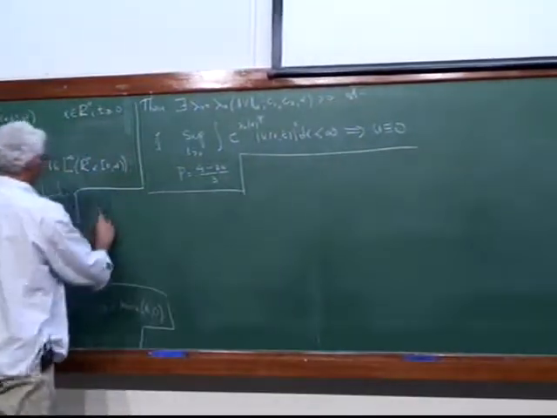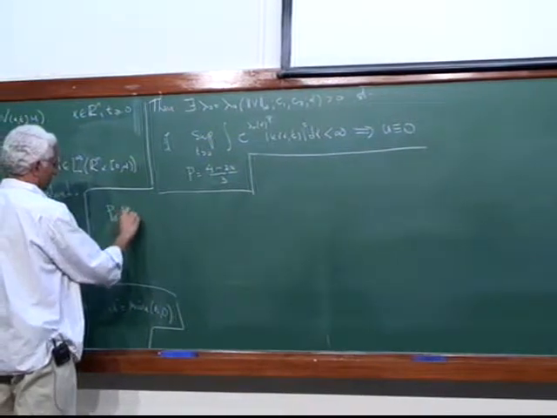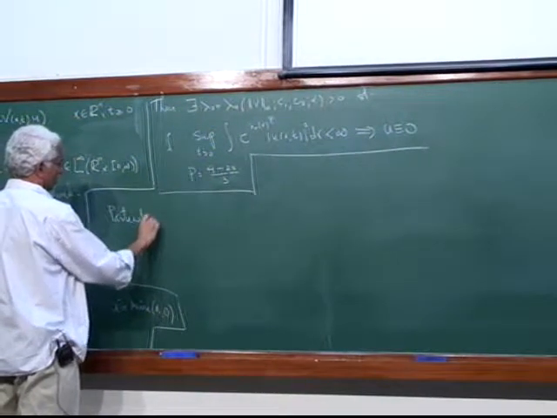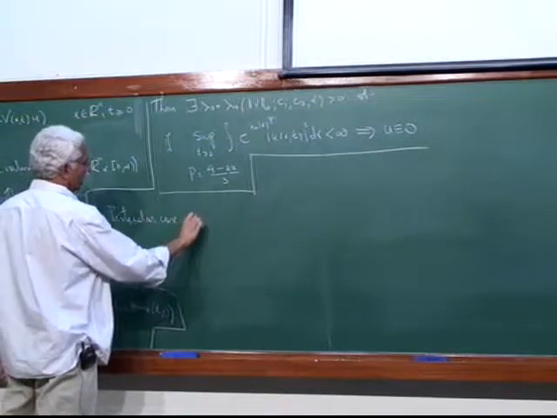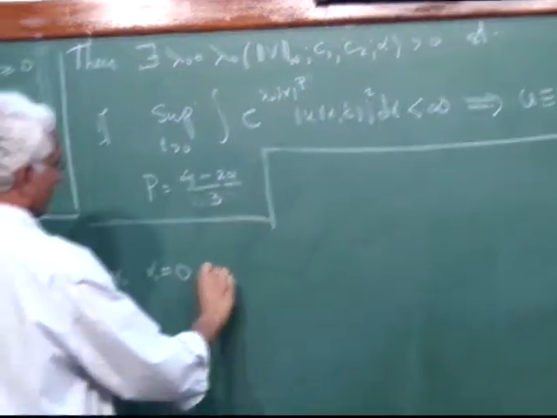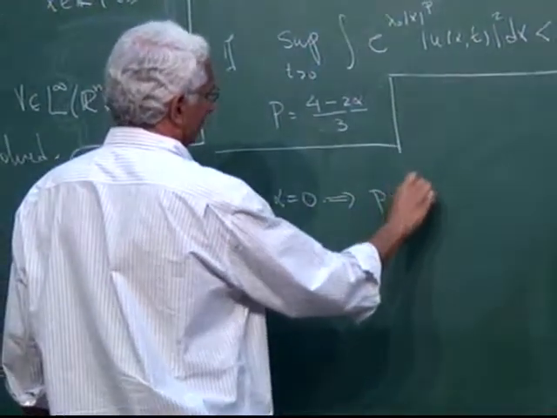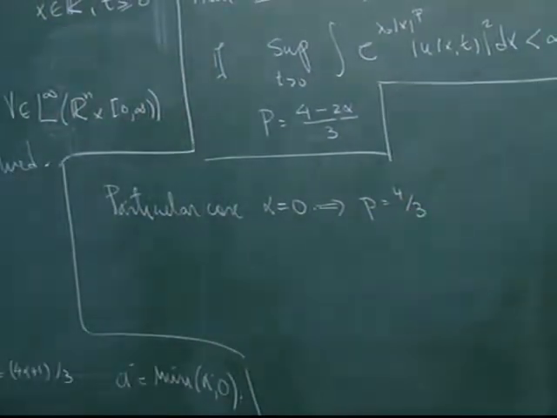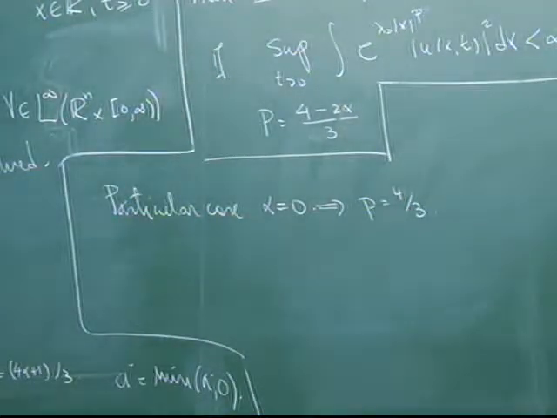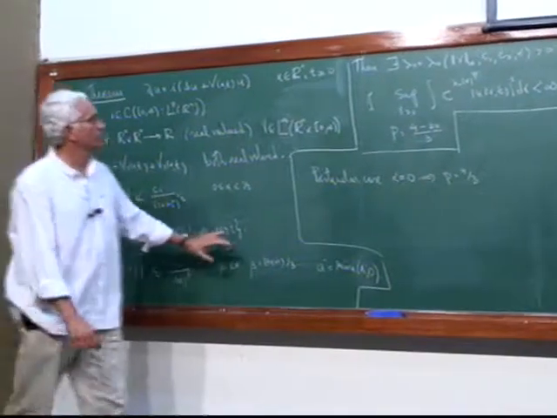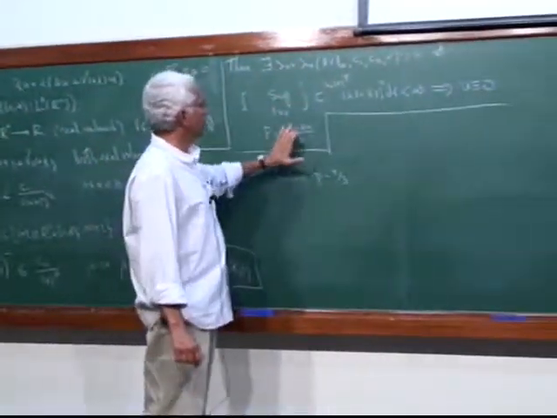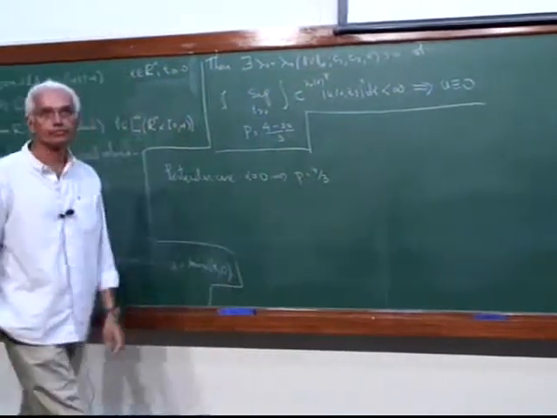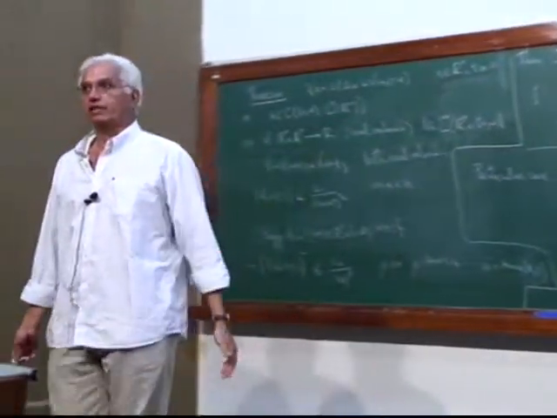Particular case. Suppose that alpha is 0. That implies that P is 4/3. Then you say, if I have a bounded potential, the solution of this bounded potential, then alpha is equal to 0. Suppose that this guy is not there. Suppose this B2 is 0. Then you cannot decay more than the power 4/3. 4/3 will appear everywhere.